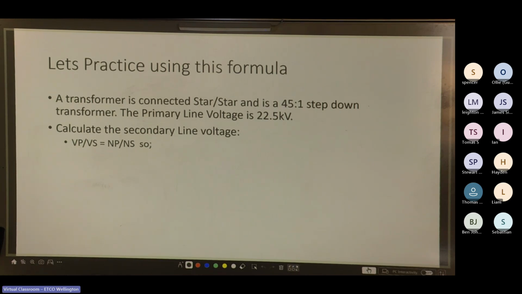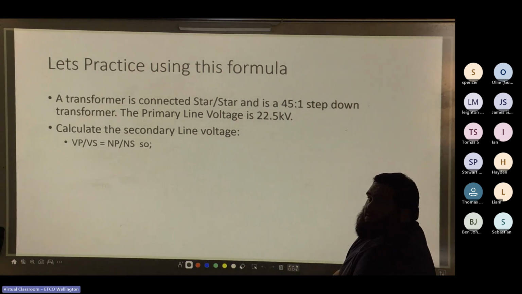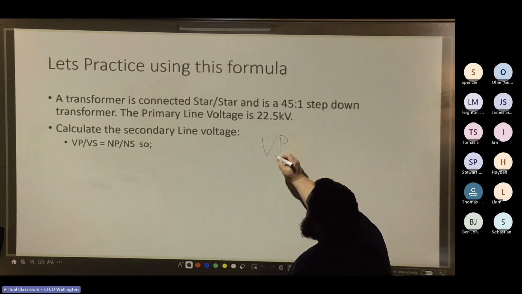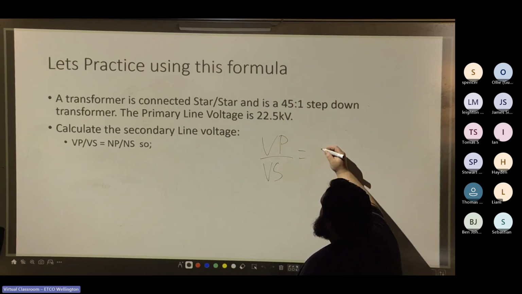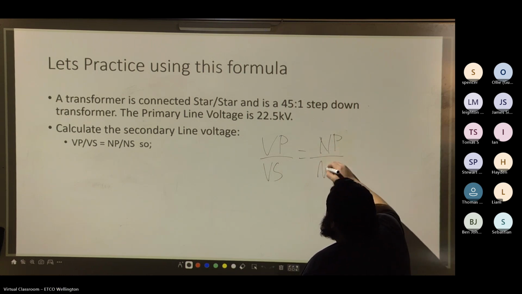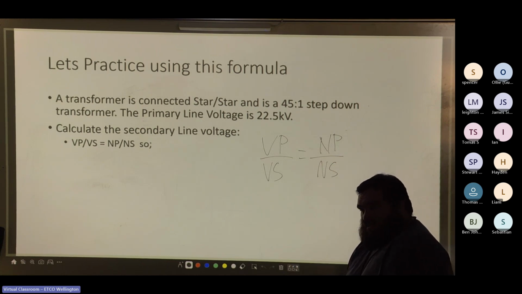Cool. So the way we remember how to do this: we've got our VP over VS is equal to NP over NS. It's not showing up very clear, is it? Hold on.